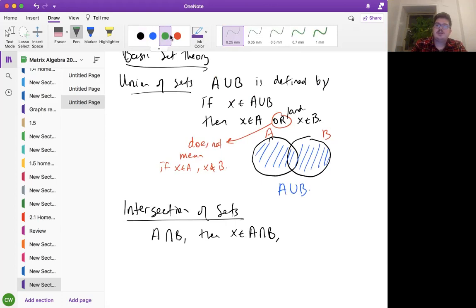Being in the union means it could be in A and not in B, it could be in B and not in A, or it could be in both.